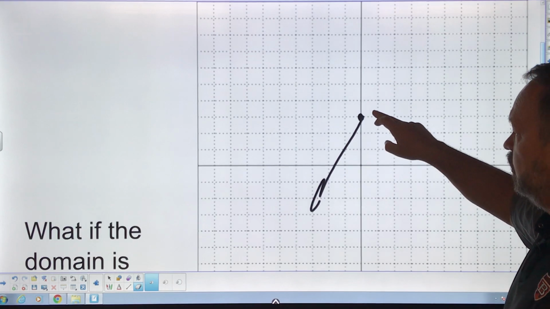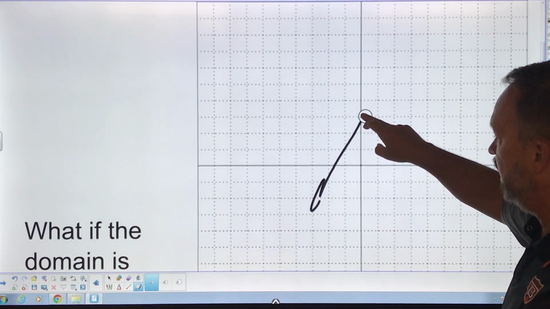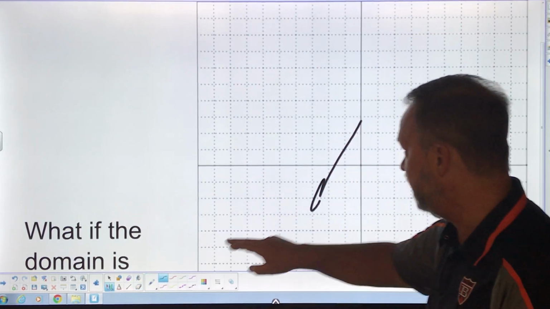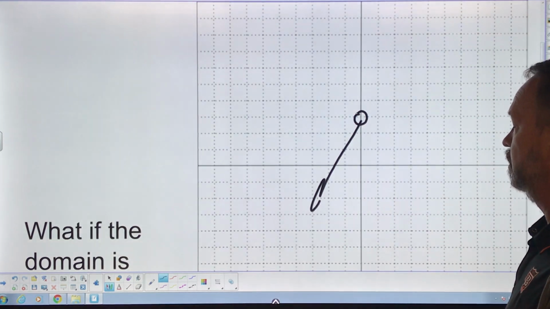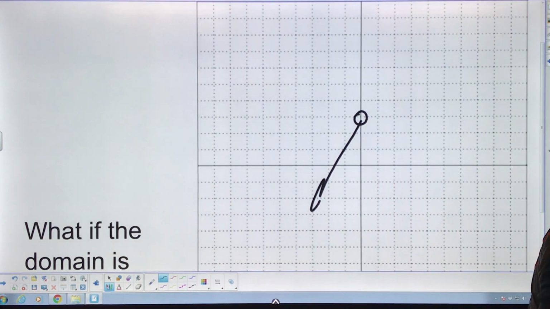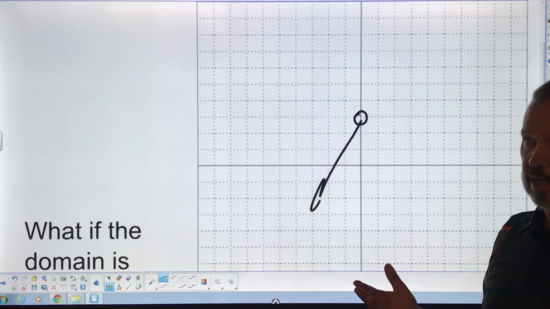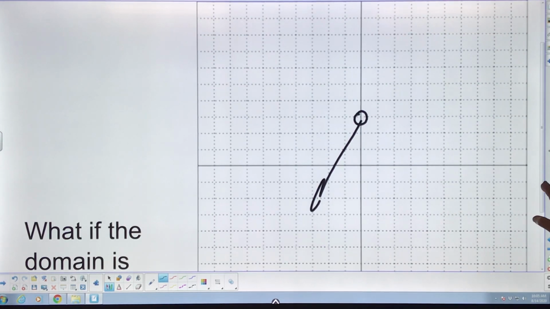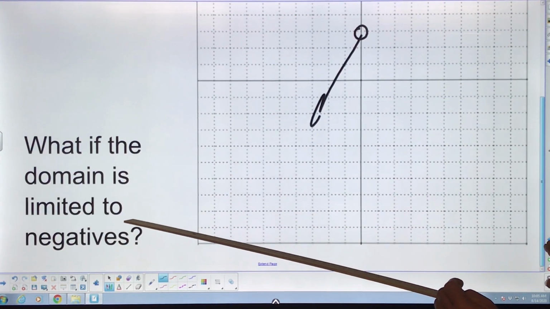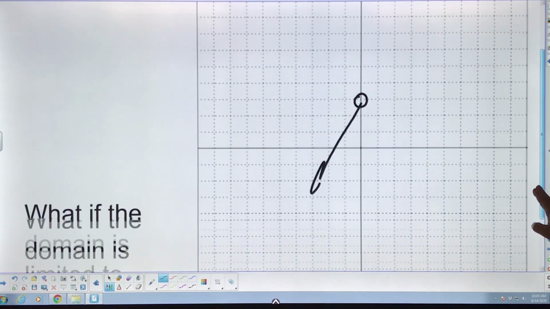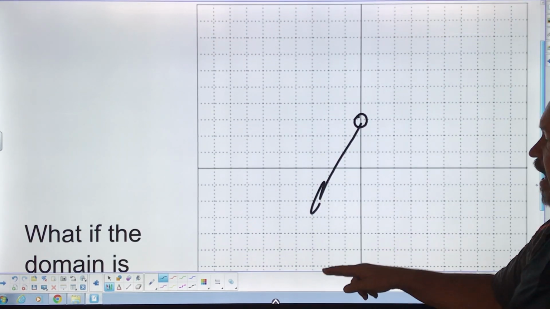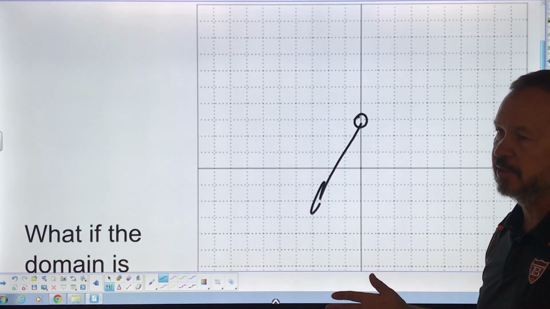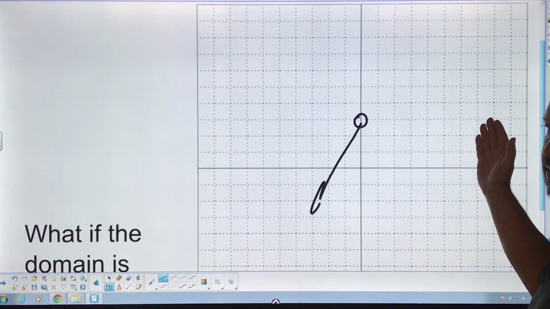So guess what 0 is not? 0 is not a negative number. So it can't even be 0. x can't be 0. So (0, 3) is not on the graph if we have that limitation of the domain only being negatives. So we had the whole graph, but then we realized, well, this part can't exist.